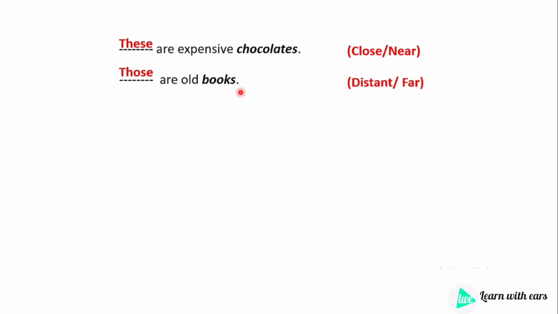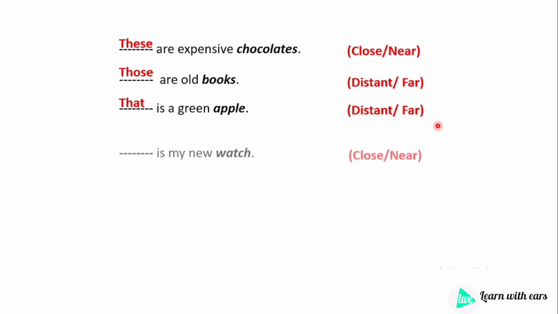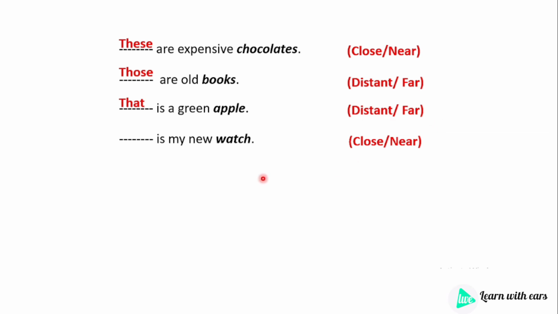Those are old books. Next, apple and far. Okay, singular and far. That is a green apple. Next, blank is my new watch. Watch, singular and near. So we use this. This is my new watch.